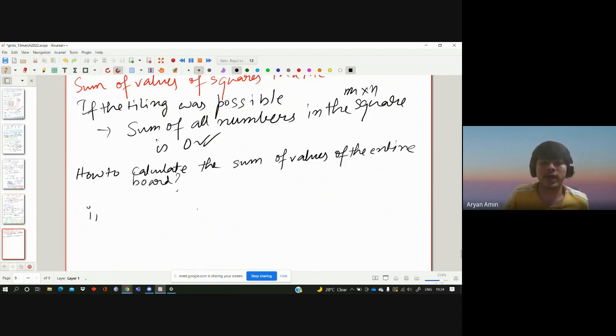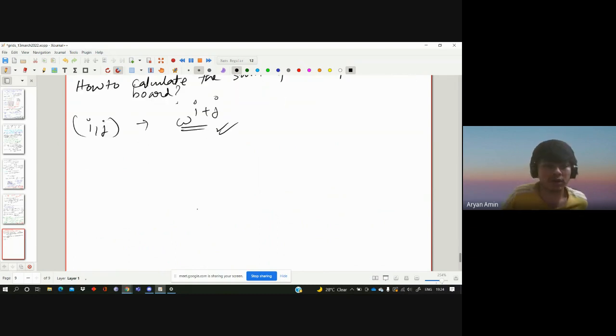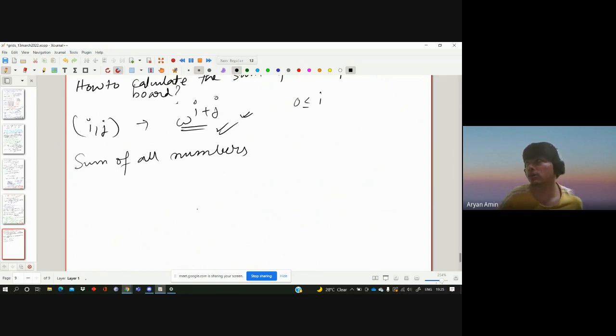You know that in the (i, j)th square, you have written the number omega to the power i plus j. So what is the sum of all numbers? You know that i ranges from 0 to n minus 1, and j ranges from 0 to m minus 1.